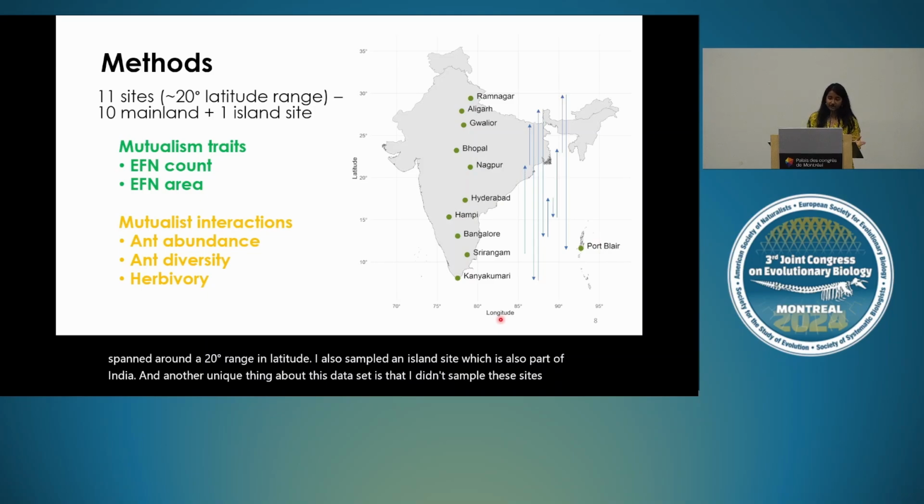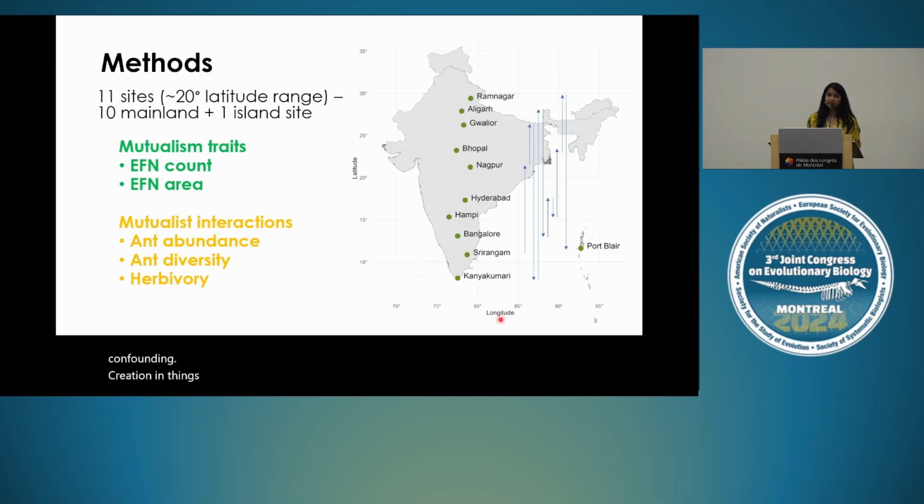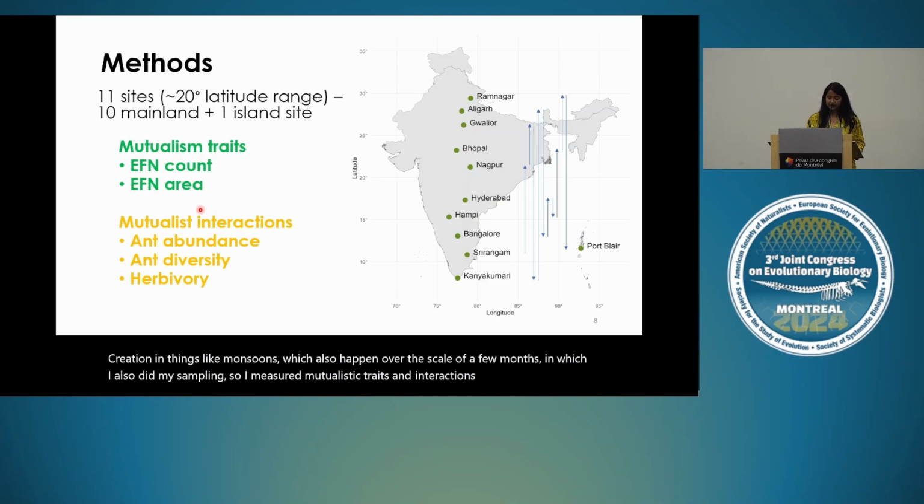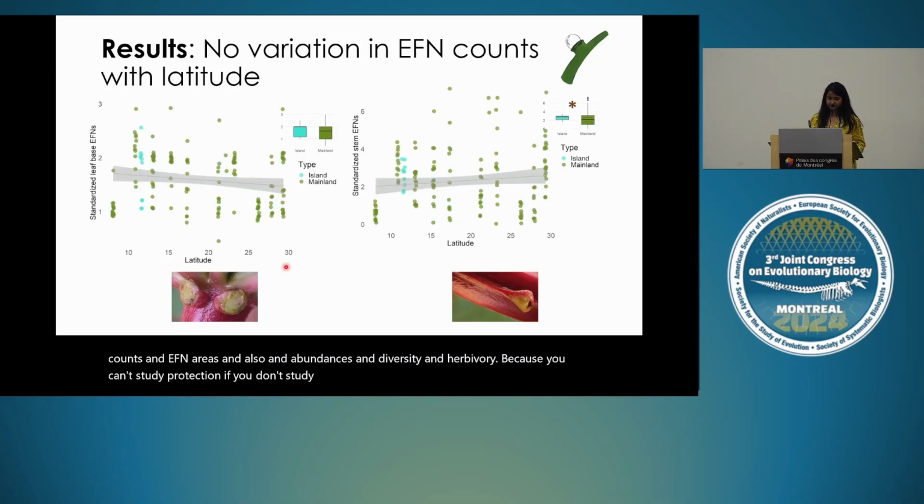I randomized the order in which I sampled the sites so that there isn't confounding variation in things like monsoons, which also happen over the scale of a few months, in which I also did my sampling. I measured mutualistic traits and interactions. I looked at EFN counts and EFN areas, and also ant abundances, ant diversity, and herbivory, because you can't study protection if you don't study herbivory.